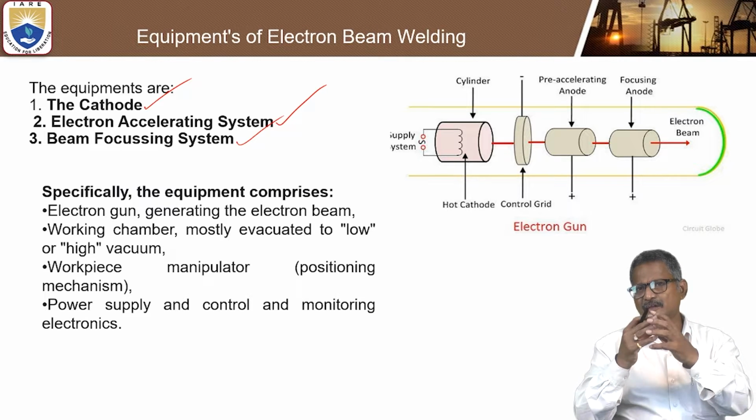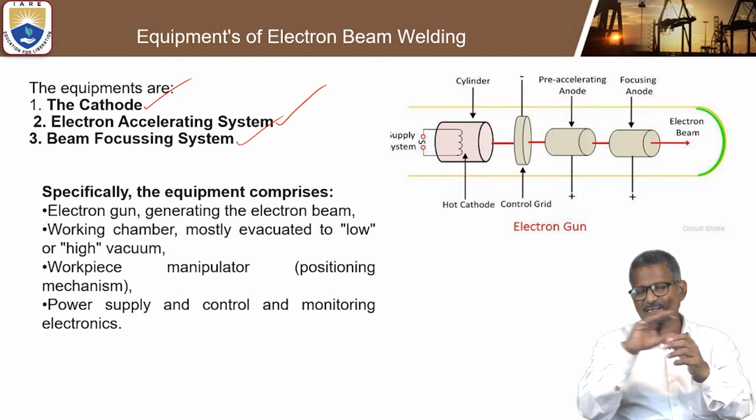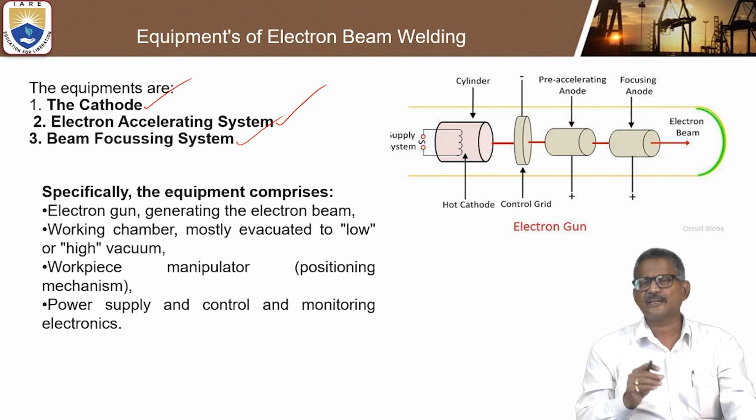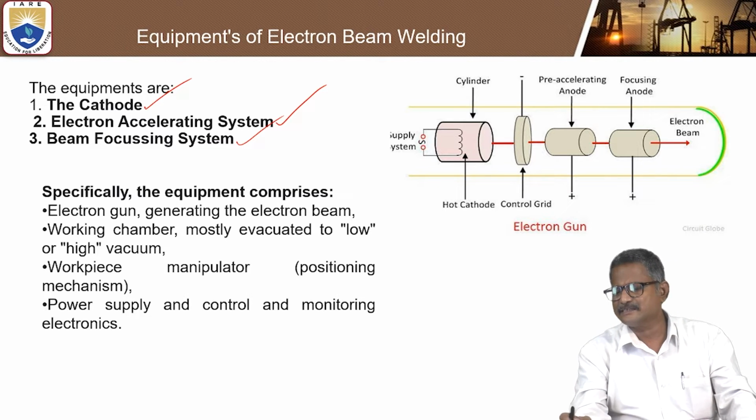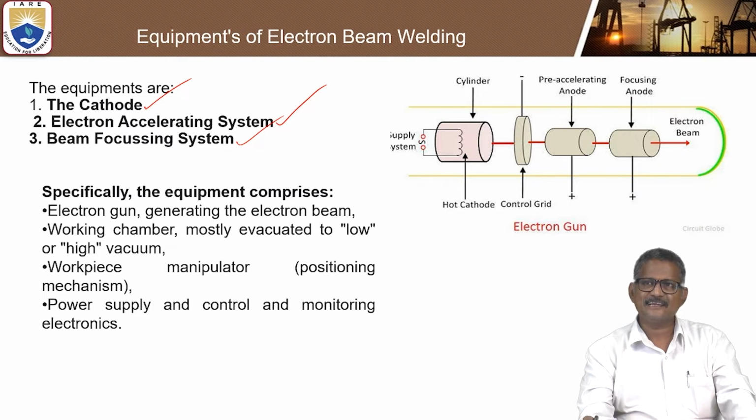If you take an assembly of the electron gun, it looks like this. Initially there is the power supply system, and a cylinder containing a hot cathode, with a control grid and a pre-accelerating anode.